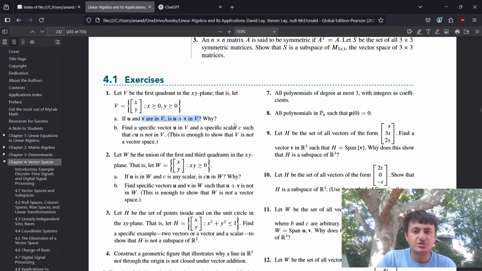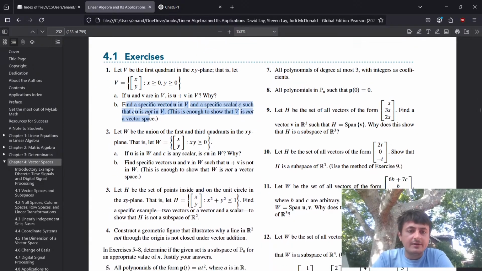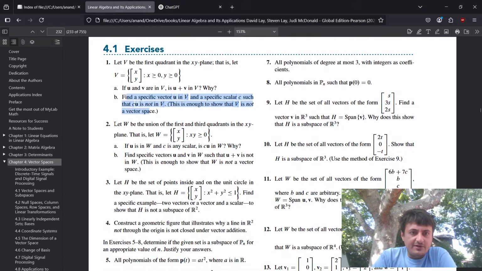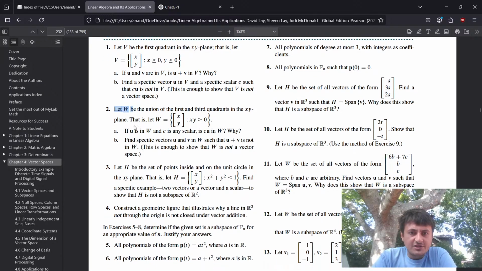It is actually closed under addition. The thing is that it's not closed under scalar multiplication, because if you just multiply (1, 1) by minus 1, then you flip over to the third quadrant. So that's that one. Let W be the union of the first and third quadrants.